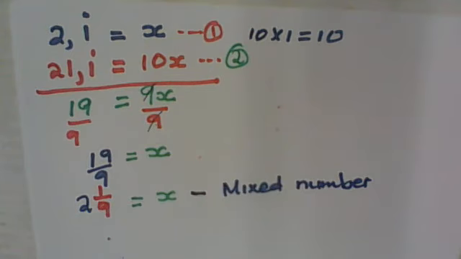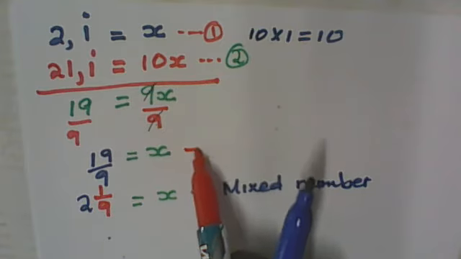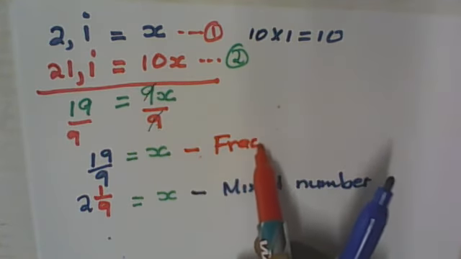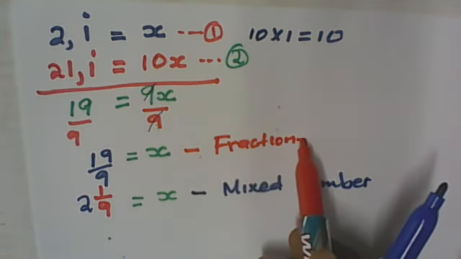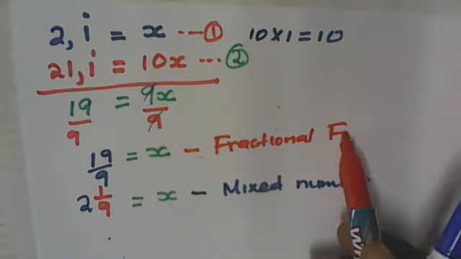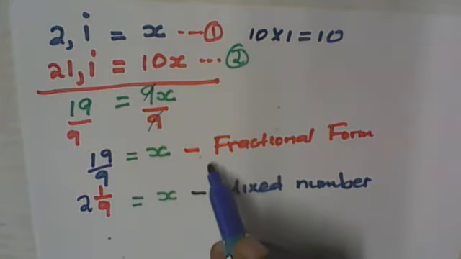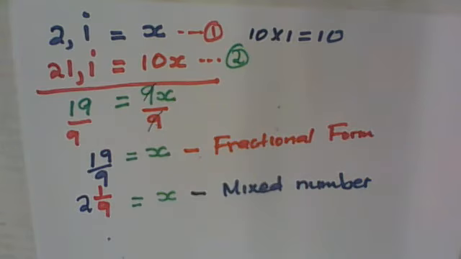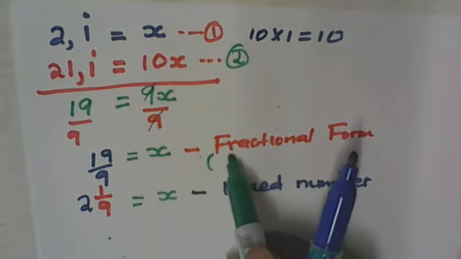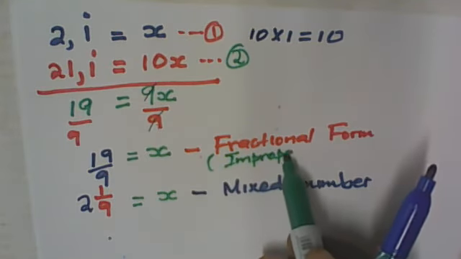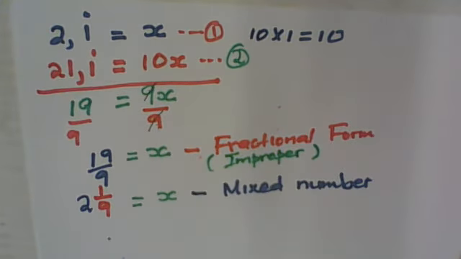Whereas this one is an improper fraction, it's in fractional form. Why is it improper? Because it is greater than 1.